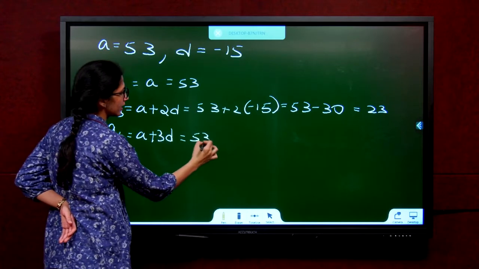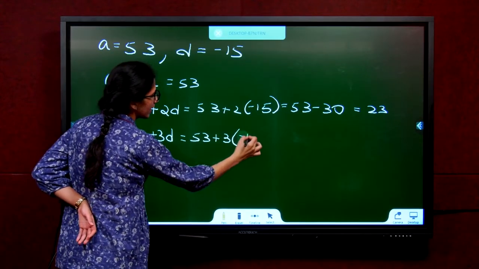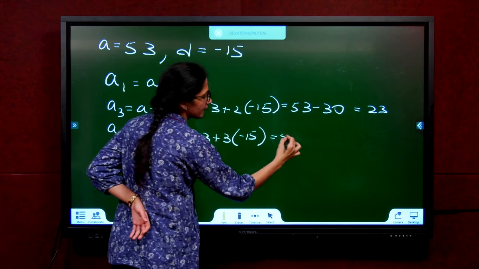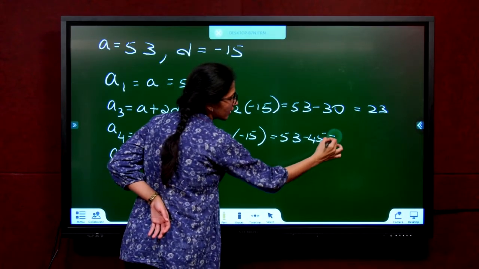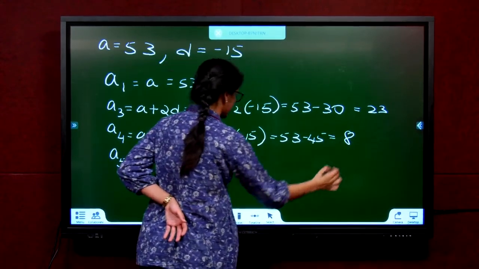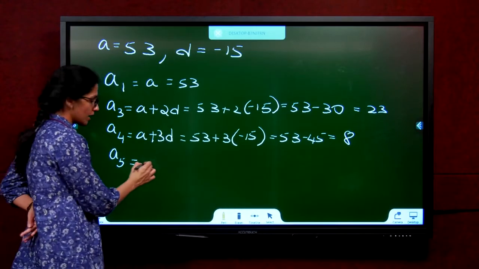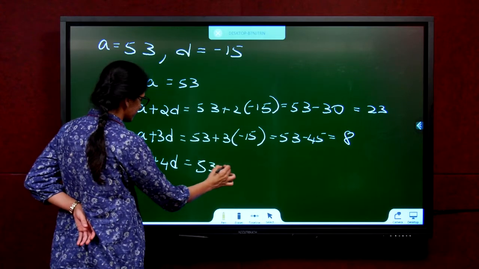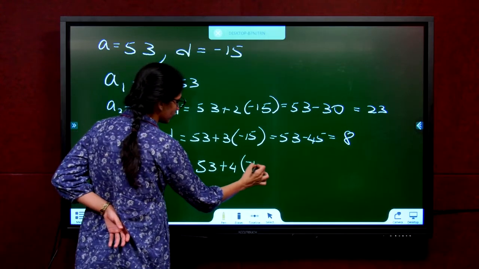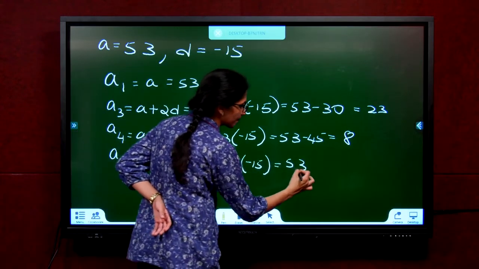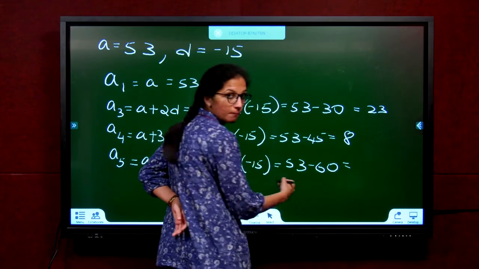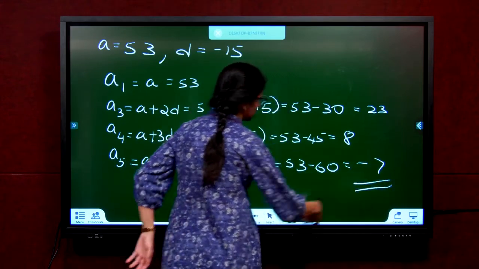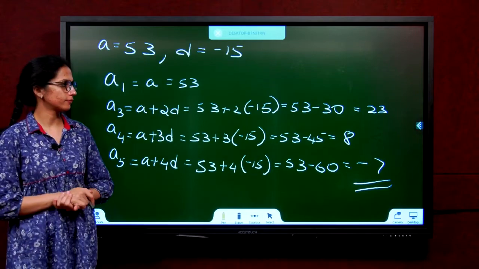A is 53 plus 3 into D, minus 15. 53 minus 45. Be quick. 8. Next, A5. A plus 4D. 53 plus 4 into D, minus 15. 53 minus 60, minus 7. These are the missing terms.